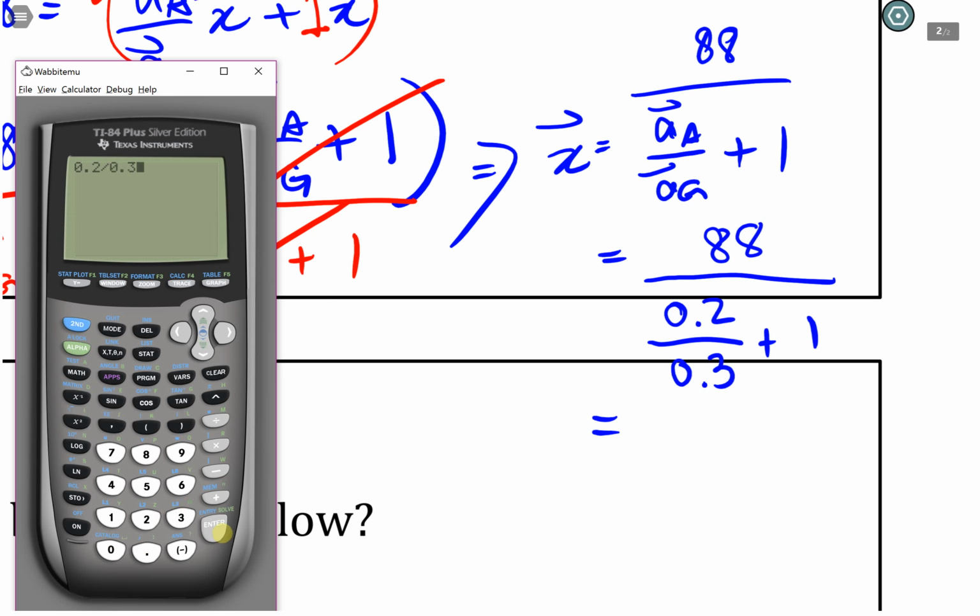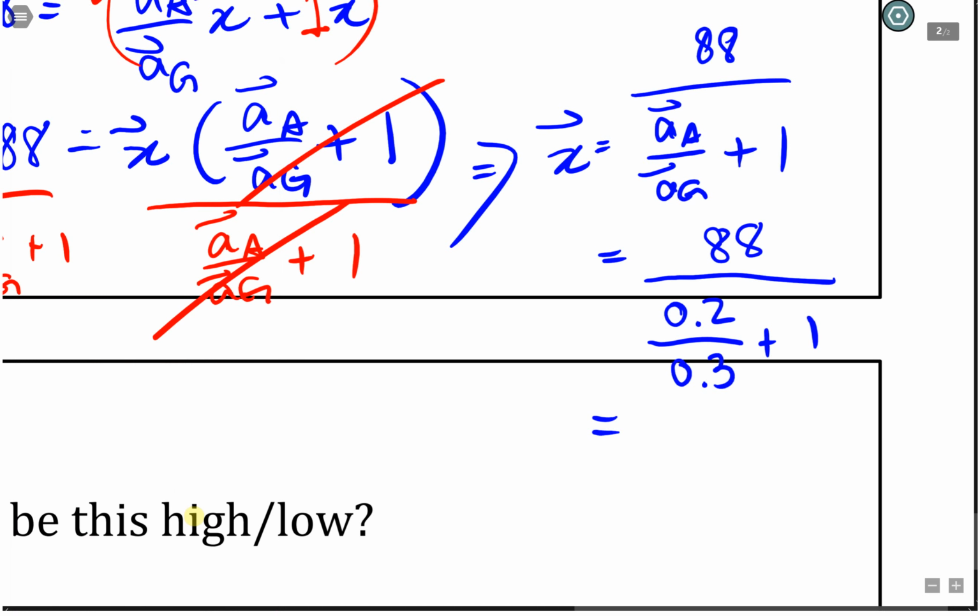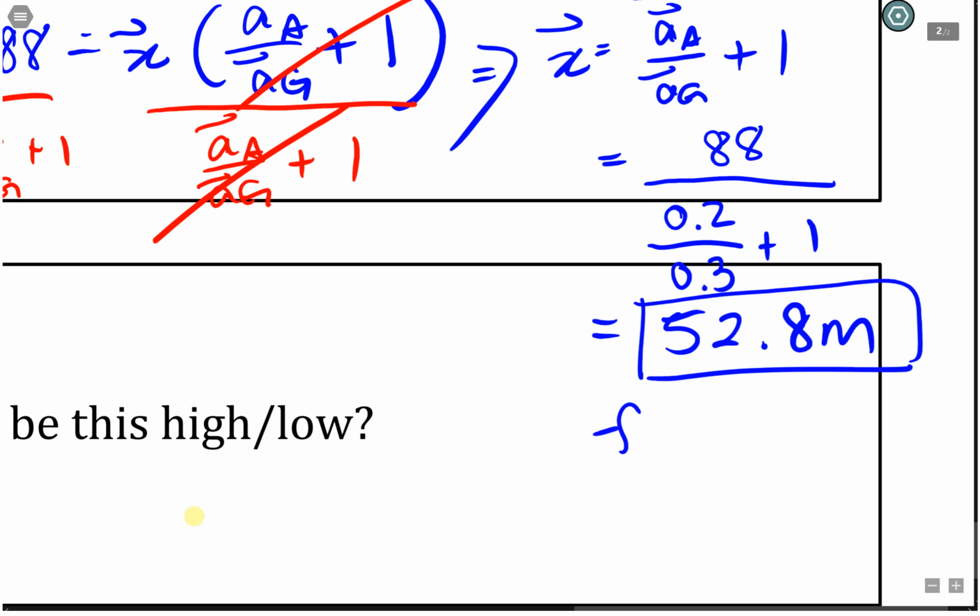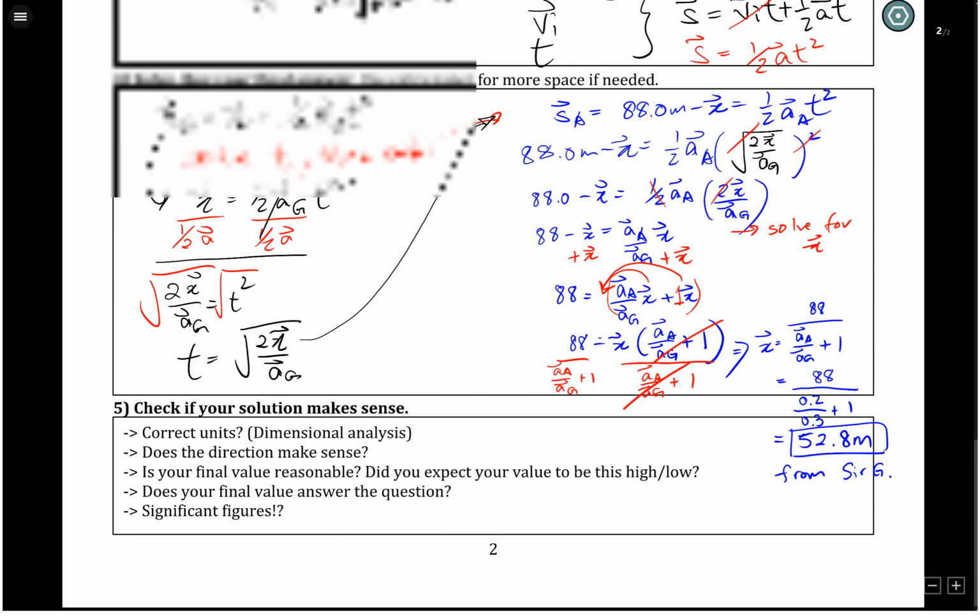Notice this is at the bottom. I will then do 88 divided by my answer, and I will get 52.8 meters from George. Whew, that was a long question.